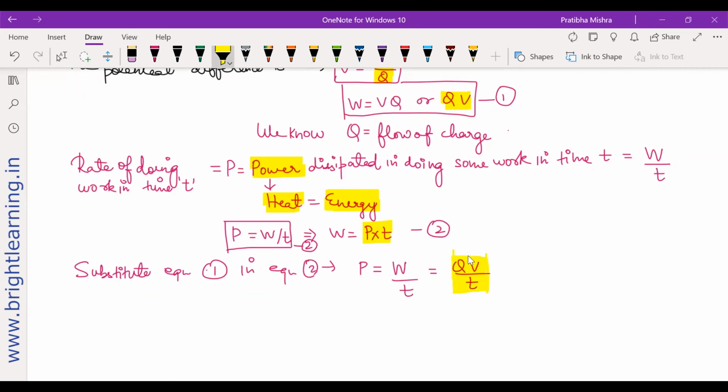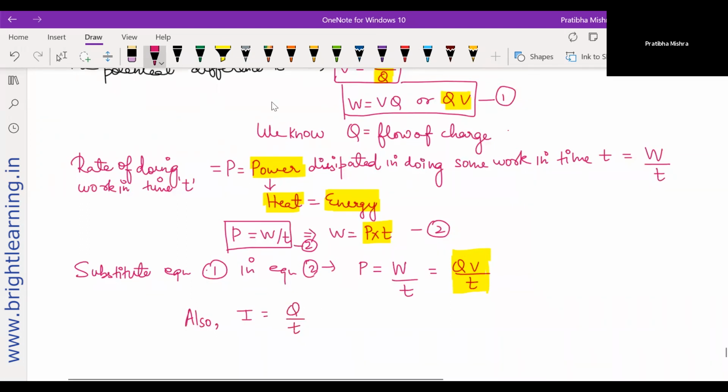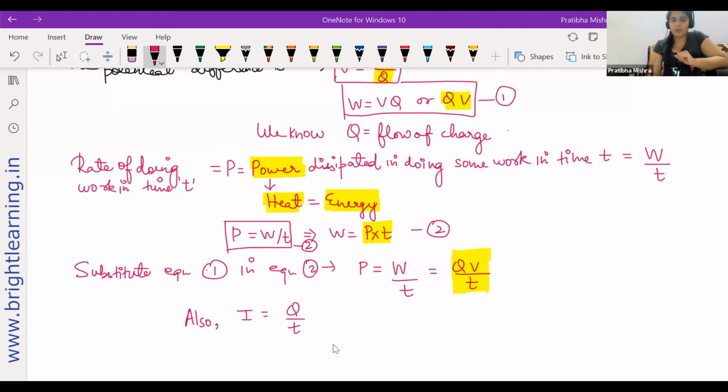Okay. All right. Next, you know that voltage is V and Q by T is I. Also, our I is equal to Q by T here, right? So this is equation 3.